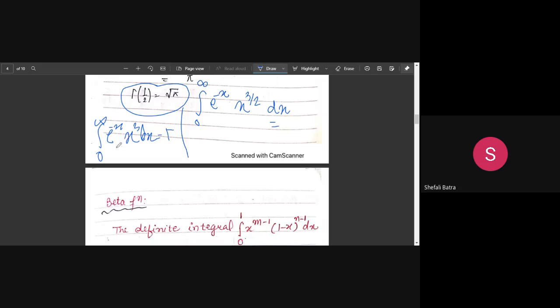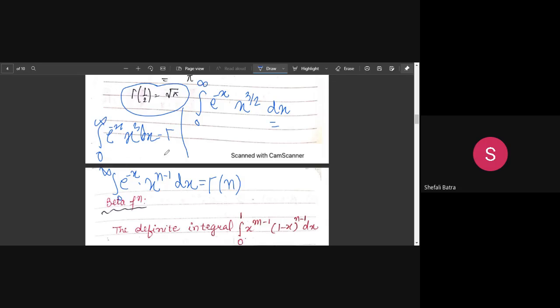By definition, 0 to infinity e raised to power minus x into x raised to power n minus 1 into dx. Right? This is the definition of gamma function. I'm writing this is equal to gamma n. Right?